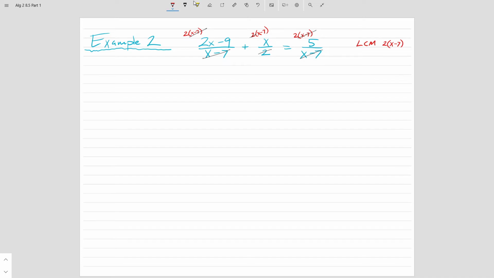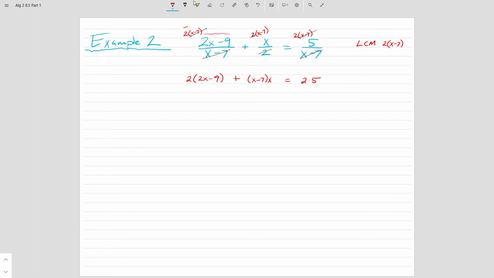Now there are things left on the top, and that's okay. Like this first fraction has a 2 times 2x minus 9. So 2 times 2x minus 9, you know what, I'll actually just write that. I was just going to do it in my head, but I'll write that out. 2 times 2x minus 9. And then I've got an x minus 7, and an x, and then a 2 and a 5.